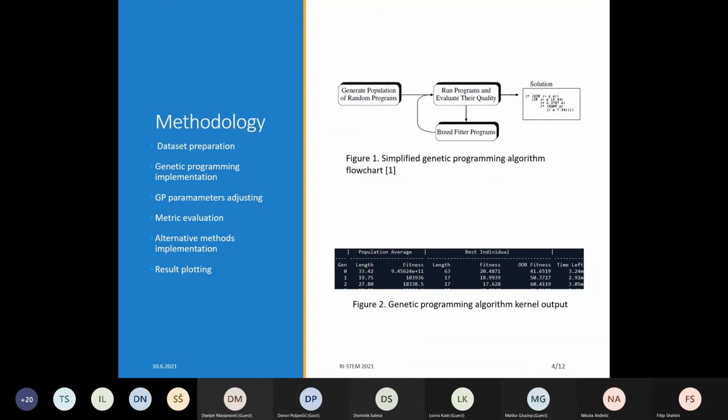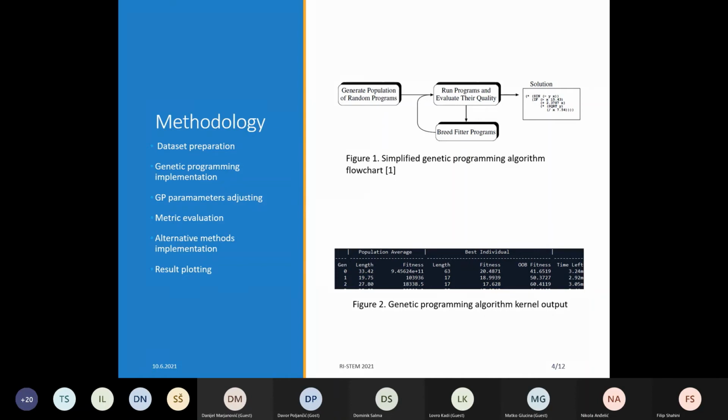Genetic programming works by defining a goal in the form of a quality criterion or fitness, and then using this criterion to evolve a set of candidate solutions by mimicking the basic principles of Darwinian evolution. In figure 1, we can see a simplified genetic programming algorithm flowchart.